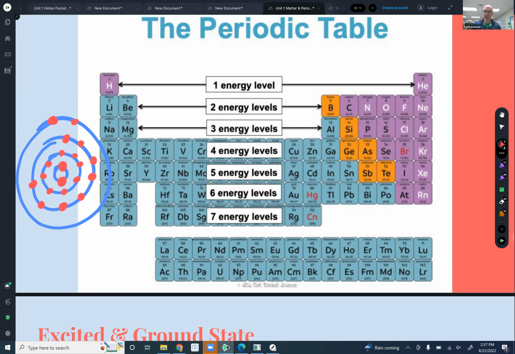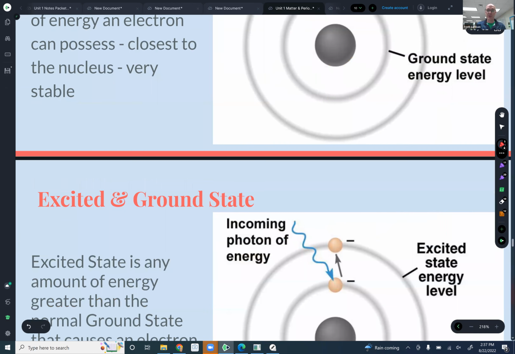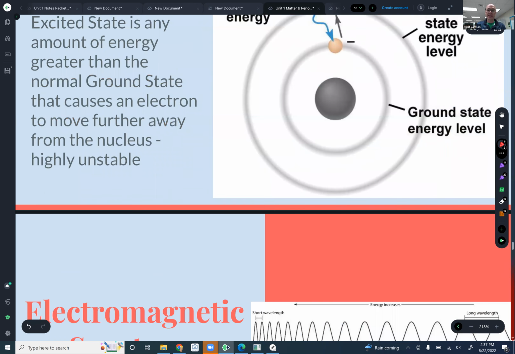So if you have 1 energy level, you only have 1 ring. If you have 3 energy levels, you have 3 concentric circles going around the nucleus, at ever increasing distances as we go.